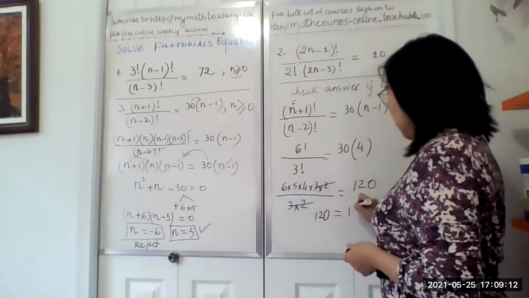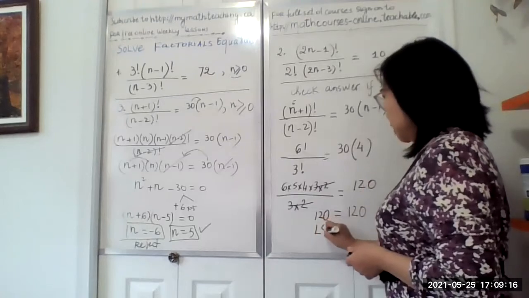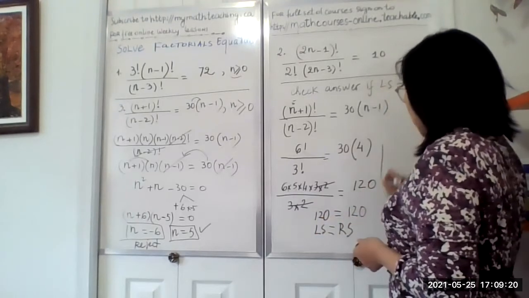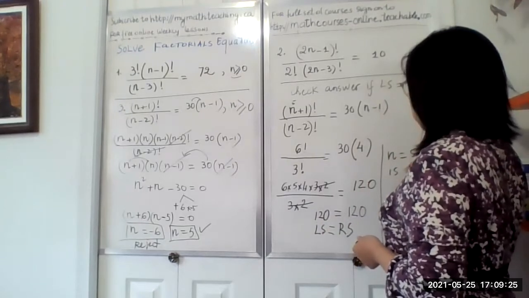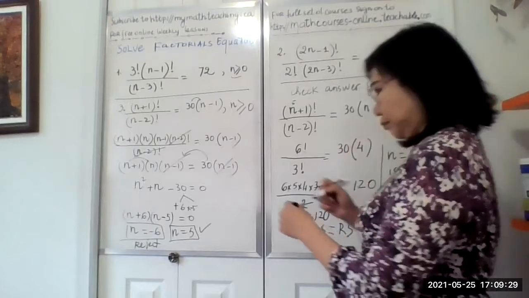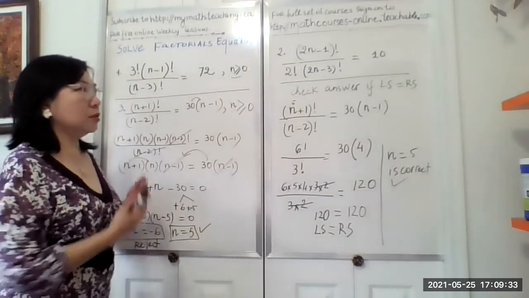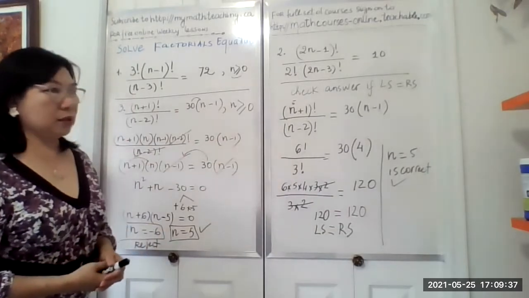And of course, 120 equal 120, left side equal right side. So our answer n equal 5 is correct. Nothing wrong with that. So that's the way we solve the factorial equation, and we check it.